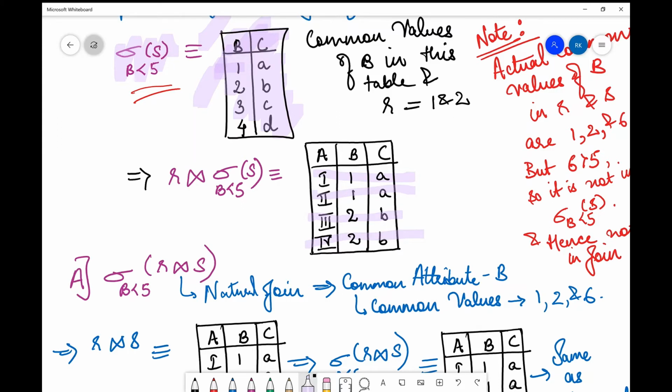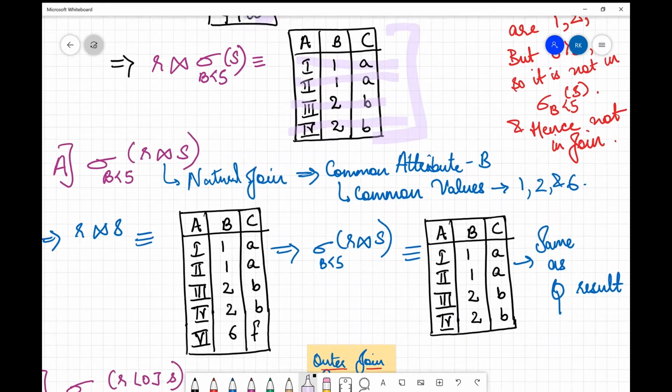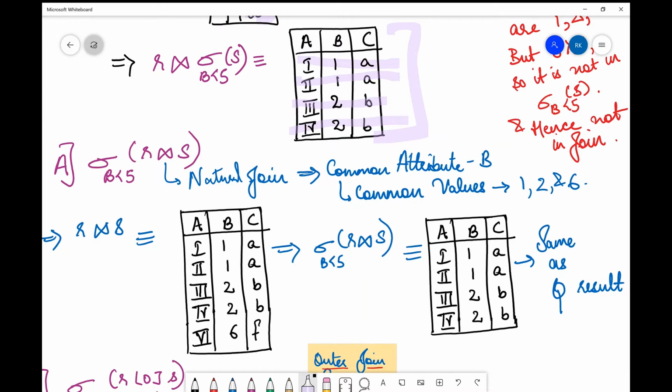Now, basically our options should contain this as the final result. Now let's start by solving each and every option. We start with the first one over here. It says select B less than 5 from R natural join S. Again, B is the common attribute. Common values are 1, 2 and 6.